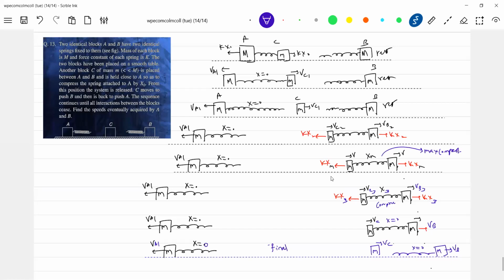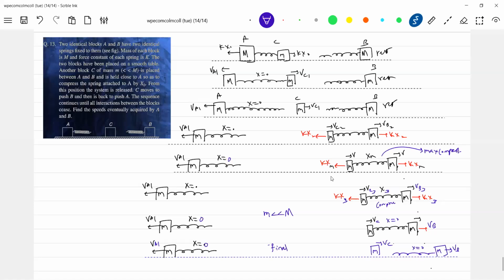Okay, so what is the only condition available? M very much less than capital M. Is this correct, first of all? Anybody? So this is what happens, or some other thing happens?